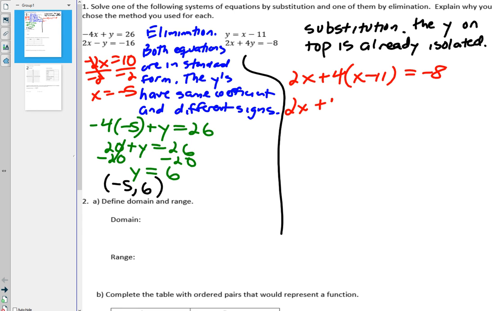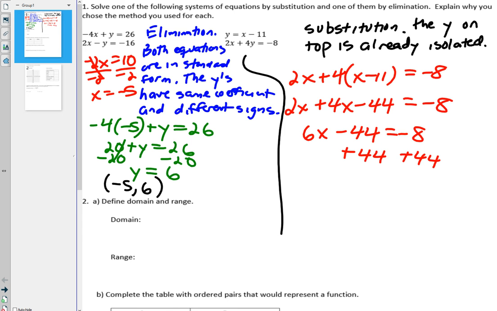So first I would distribute, and then we combine like terms. 6x is equal to 36, divided by 6.